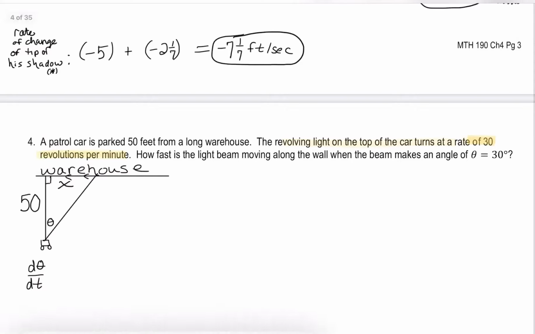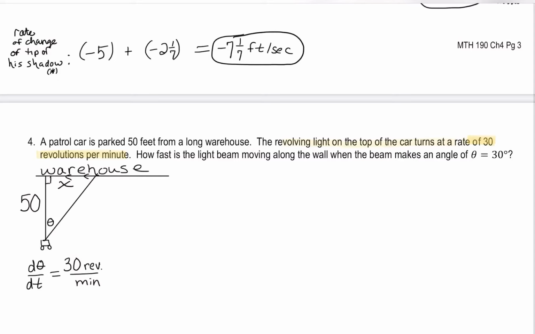Now, what we need to be careful about here is that everything we do that is related to angles or trig is not based on revolutions per minute, and it's not based on degrees per minute. Everything that we do with trig is going to be based on radians. So, really important.